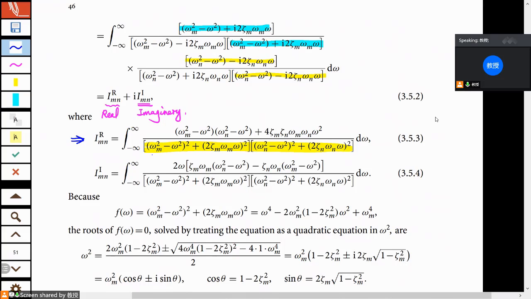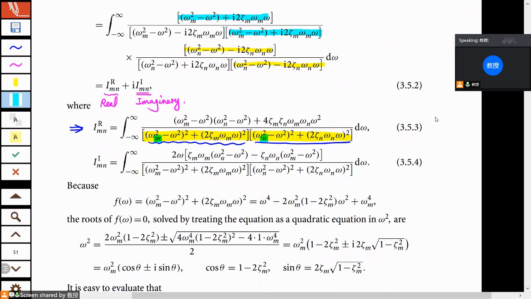And you can see this term and this term are the same, except the subscript. We have m for the first term and n for the second term. So the roots will be similar.